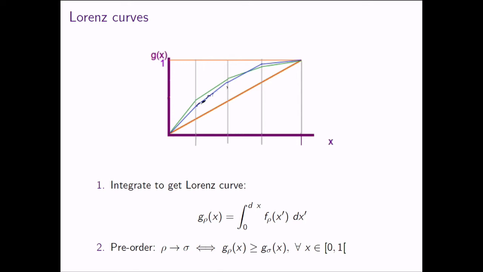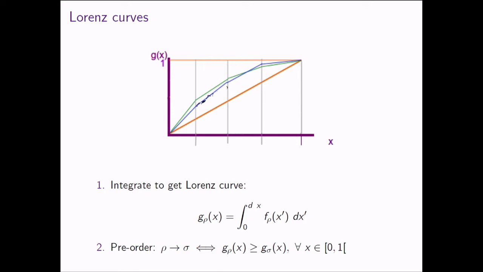So the straight line corresponds to the maximally mixed state, and all the others are above the straight line. And now how do you visualize your pre-order here? It's very simple. If one curve is completely above the other, then you can do this transformation.